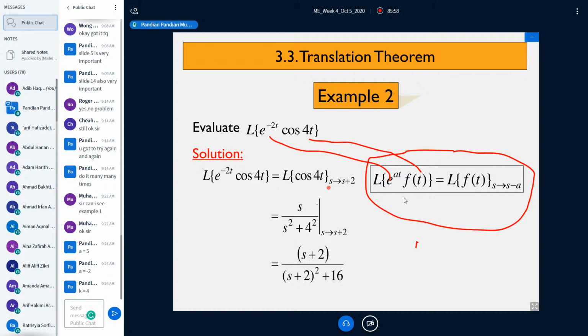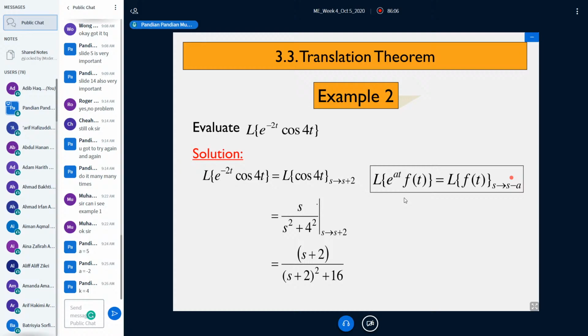So s minus a, your a is minus 2. So cos 4t gives s over s squared plus 4 squared.